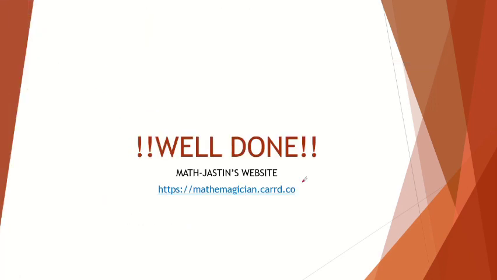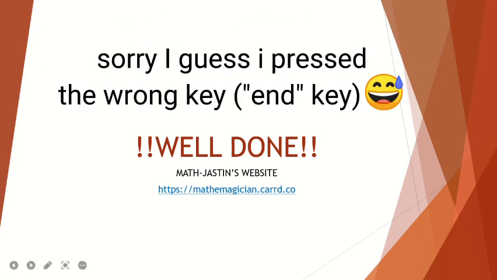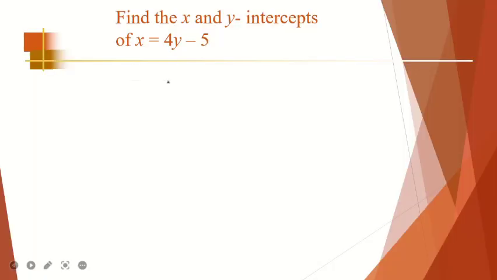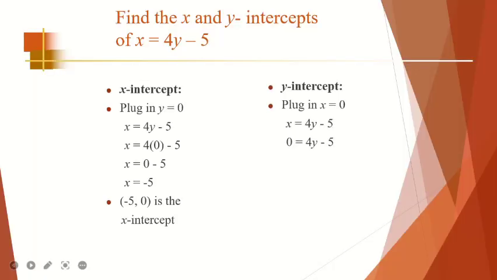Then divide both sides of the equation by 4, so that the coefficient beside y disappears. Since 5 is not divisible by 4, we have 5 over 4. You can also make it a decimal, it is up to you. So, 0 and 5 over 4 is the y-intercept.